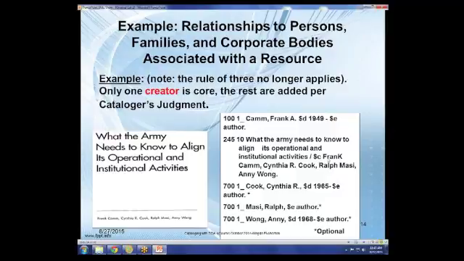However, it is now correct to list every person who would be found on the title page in field 245, and then to add a 700 field for each person listed as a creator on the title page, other than the first named person. So the first named person goes in field 100, the others go in their own 700 fields for a work with more than one creator.